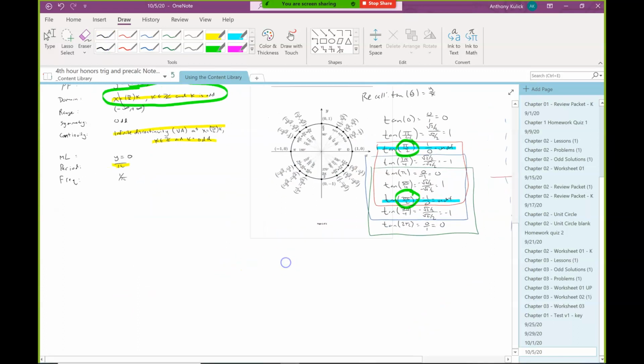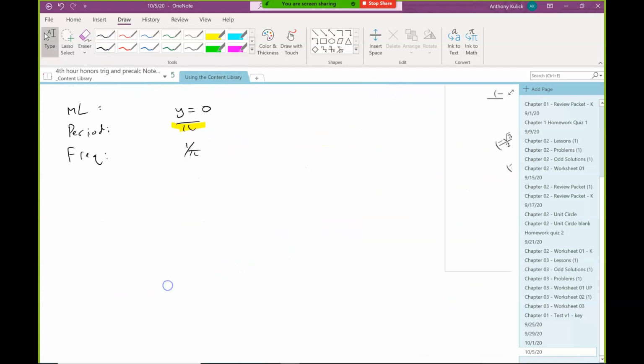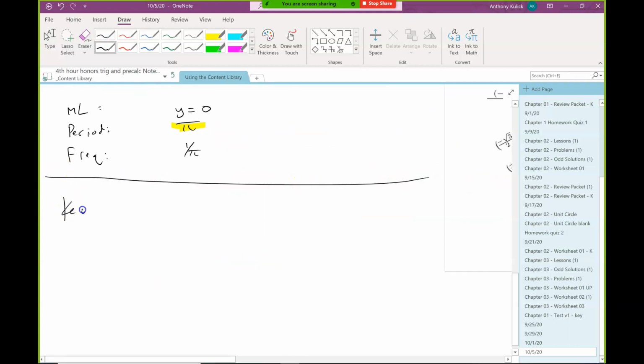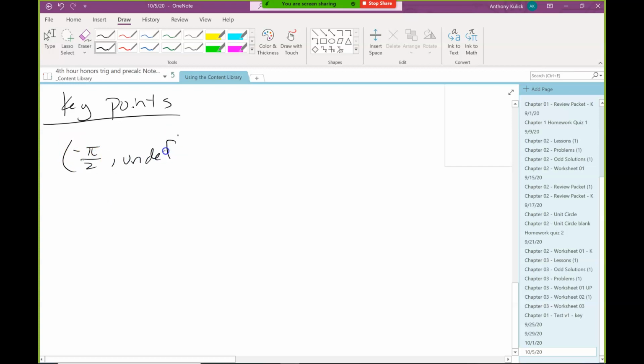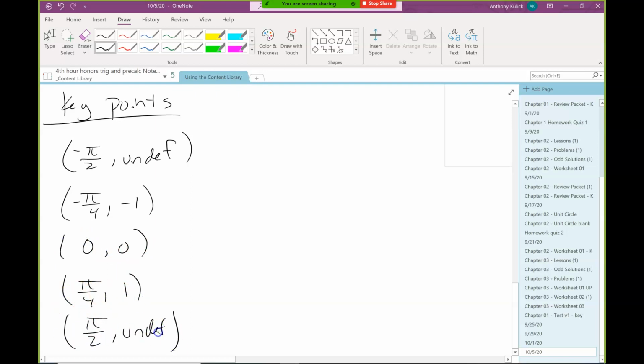So let's do that over here now. So typically when we list the key points, we start with negative pi over 2 and go to positive pi over 2. The reason that we do that is so that we can include that key point 0, 0.